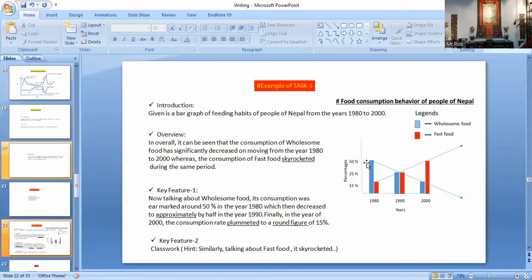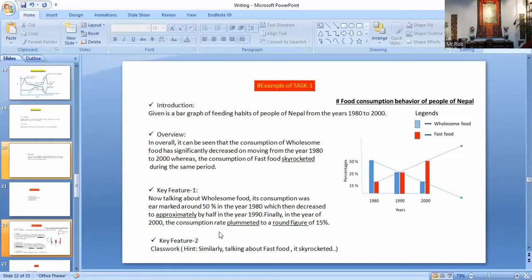The comparison can be with itself or with another item, depending upon the style you want to use. You can adapt different writing styles. Finally, in the year 2000, the consumption rate plummeted to a round figure of 15%. So here it falls nearly to 15% in the year 2000.